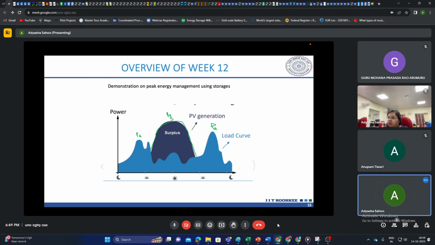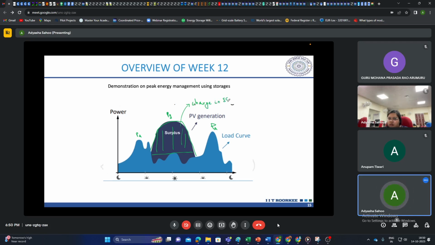So what we need to do is store this excess or surplus. We can charge the energy storage and store this surplus during peak generation.